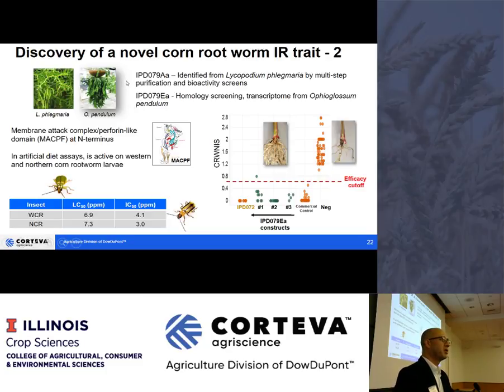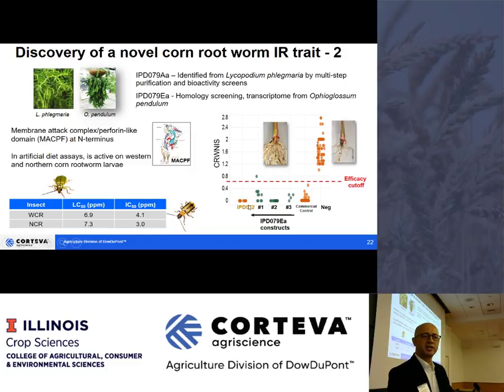You go to the forest and they hardly have any bites from any insects. And then we derived a homolog, which was selected in our screens as well from another type of fern. You see we have tested both of those already in our program, and they show excellent resistance.